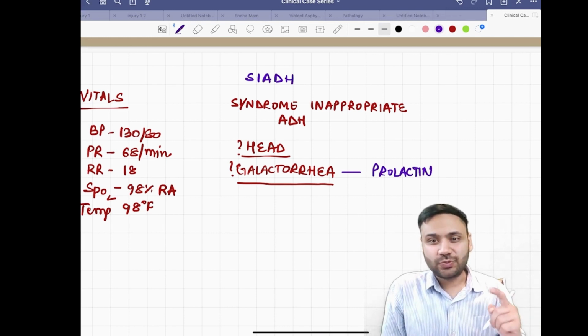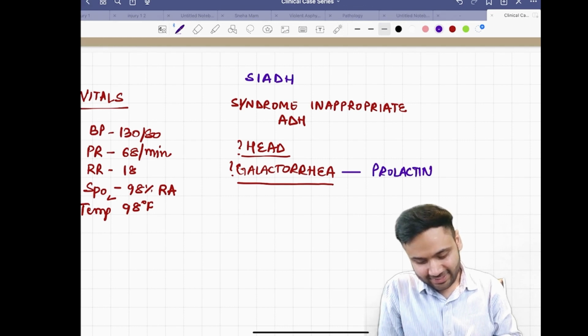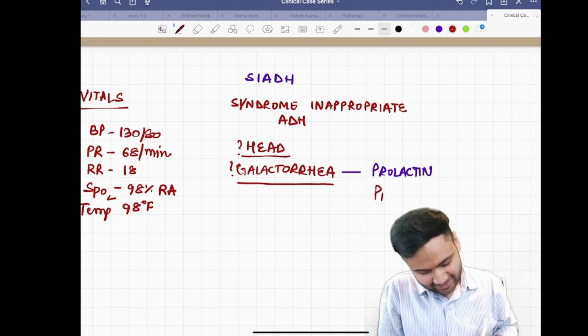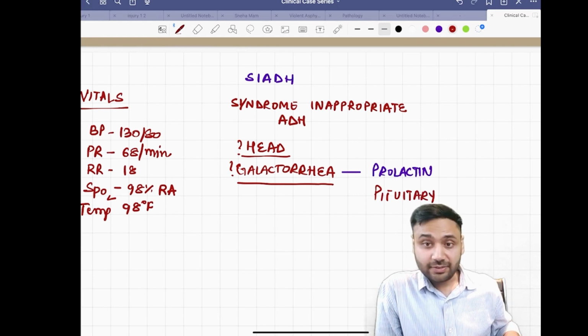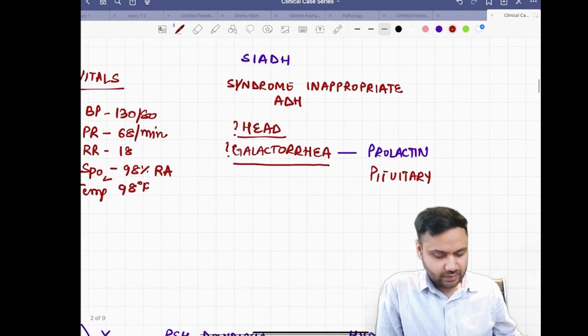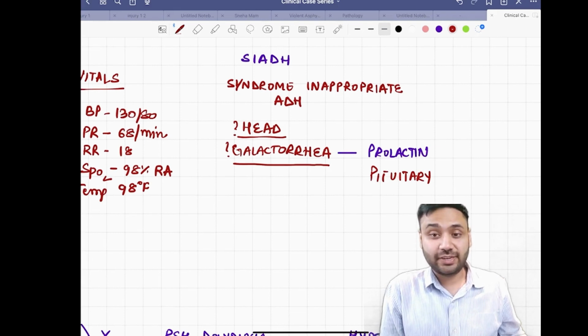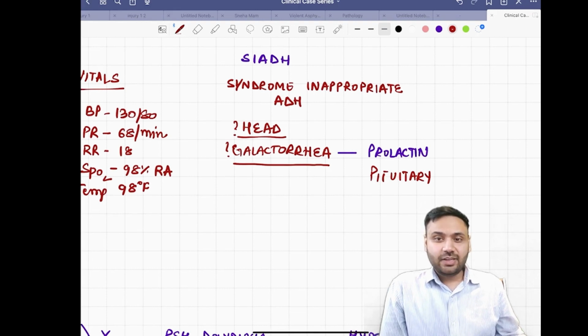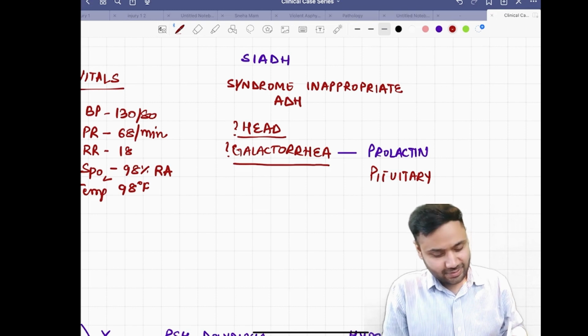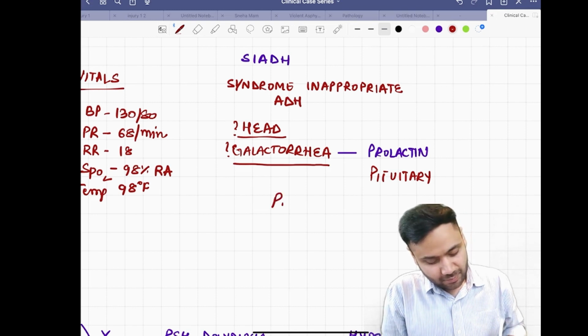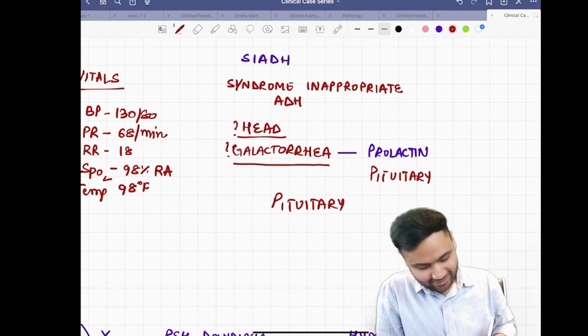It's the pituitary gland, right? So, something in the head is producing prolactin, which is the anterior pituitary gland. So, where can we go with this? It is a pituitary adenoma.